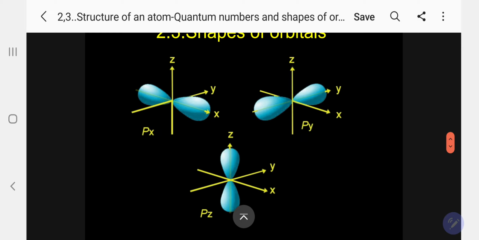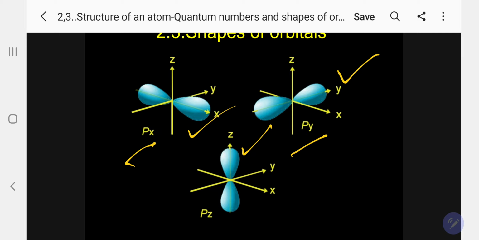Now just see here. I have drawn them together, and I have shown them here separately. So, x orbital, y orbital, z orbital: px, py, and pz. Kindly follow.